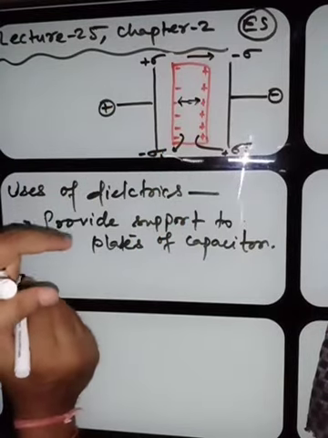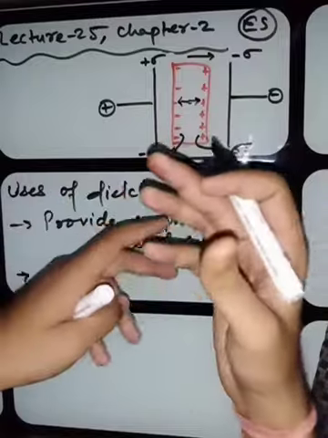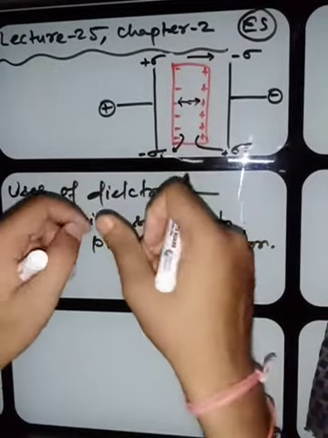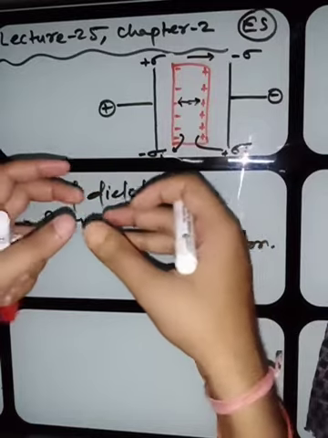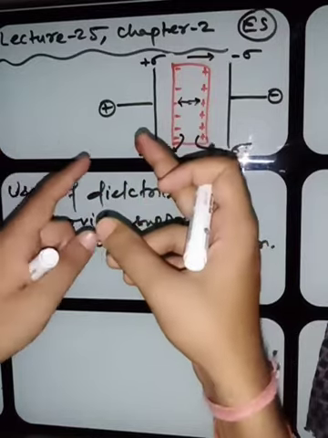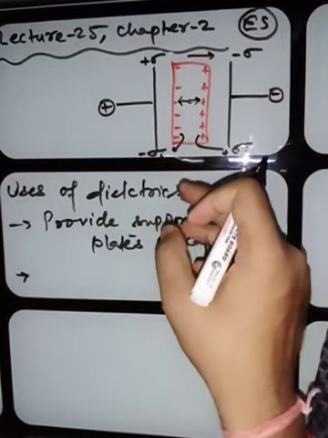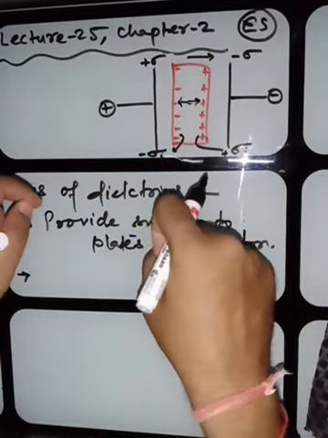Now the next, students, remember, some dielectric materials which have higher dielectric strength than air are used to prevent breakdown. Try to write down this one.